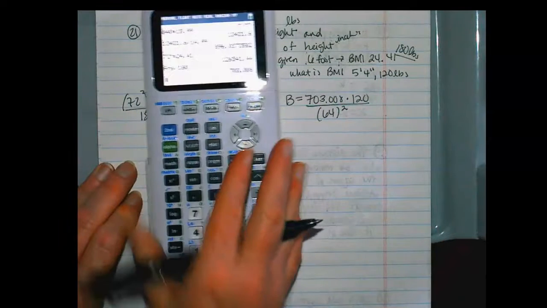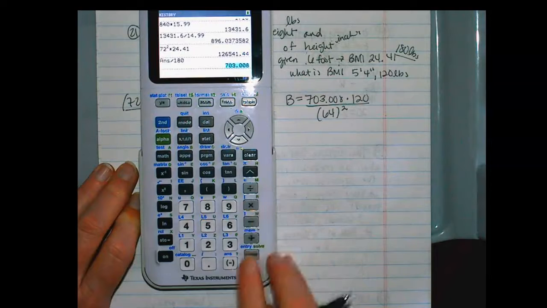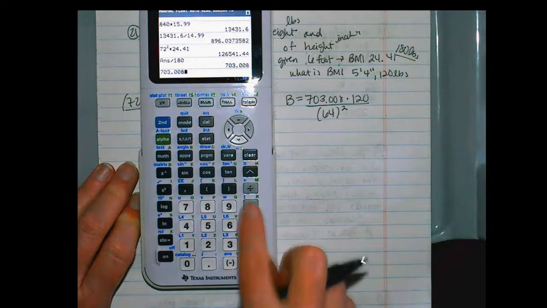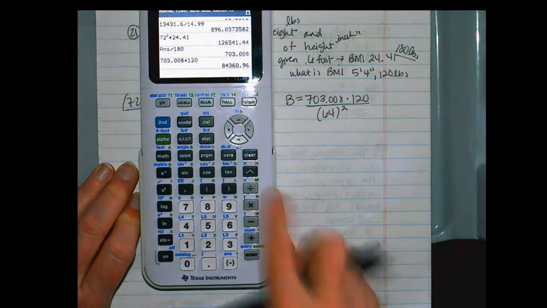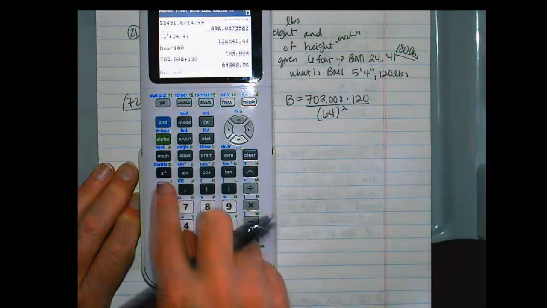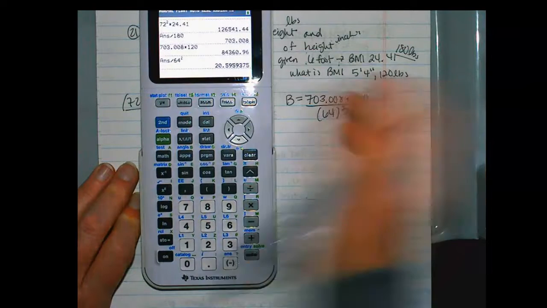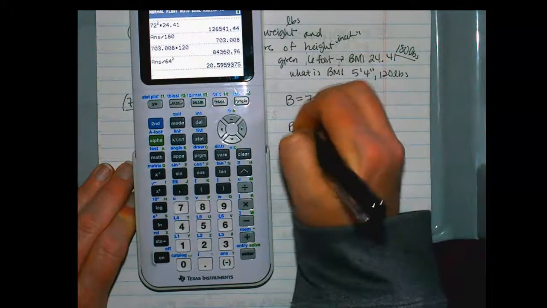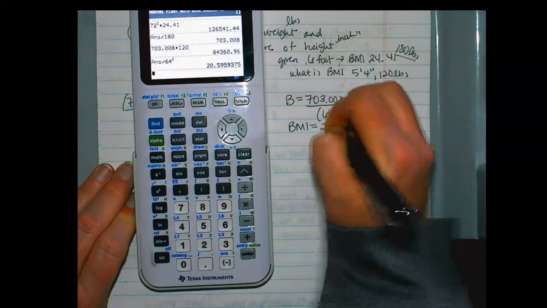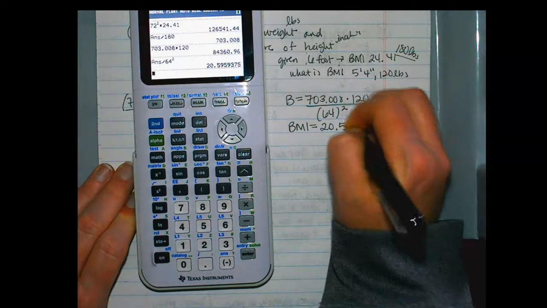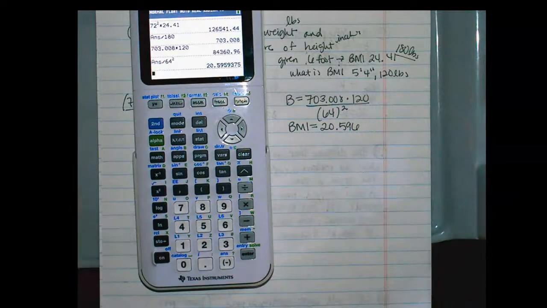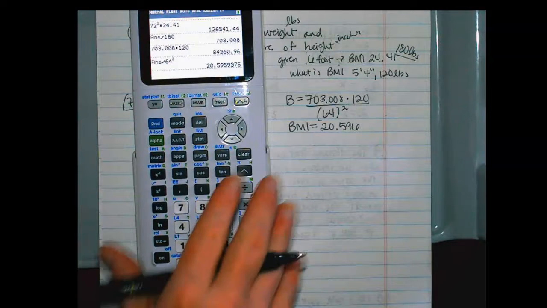So let's figure all that out. I've got the same constant variation times 120 divided by 64 squared. So her BMI is 20.596. Oh, they rounded it to 20.60. Either's fine.